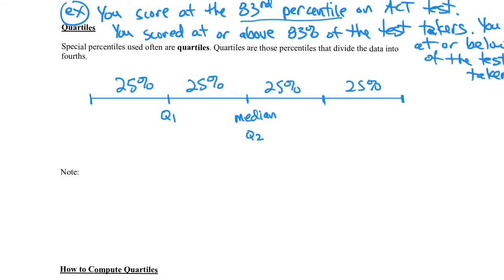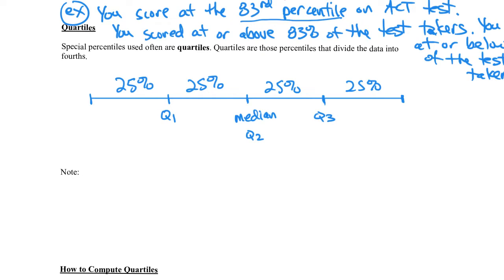And then this spot over here is called the third quartile, or Q3. So quartiles are a lot of times abbreviated with these symbols: Q subscript 1, Q subscript 2, and so forth.